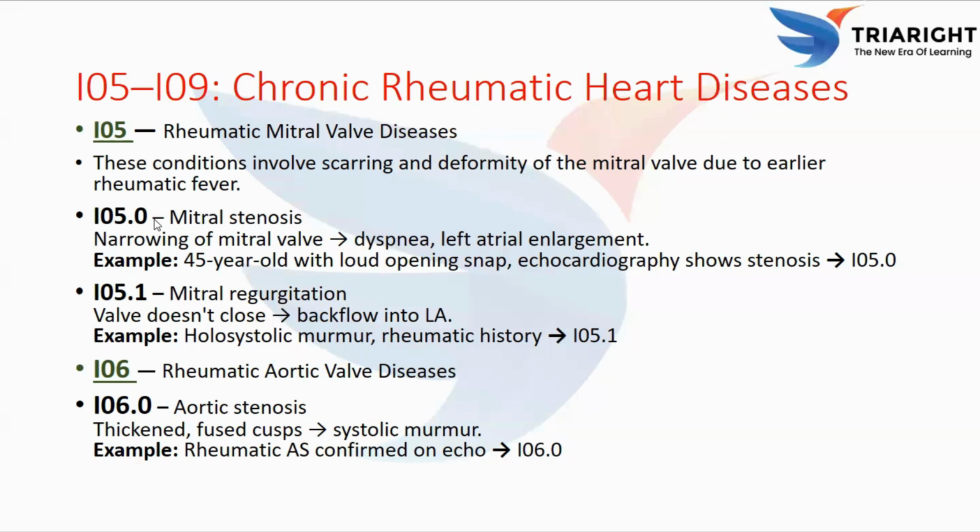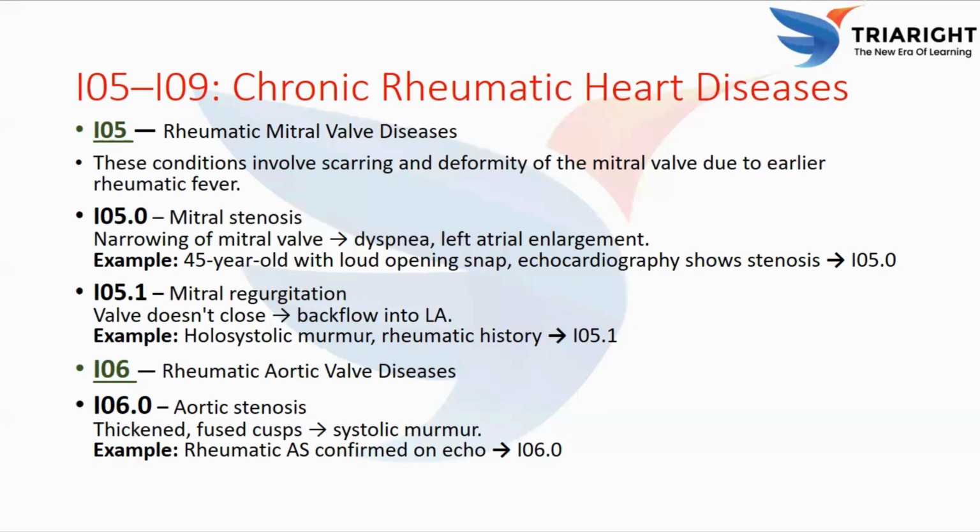Coming to I06 code, it describes the rheumatic aortic valve diseases. I05 mitral valve, I06 aortic valve. So what do you mean? It affects the aortic valve usually due to the leaflet thickening, fusion or deformity from chronic rheumatic inflammation. Aortic stenosis means a narrowing of the aortic valve due to thickened or fused cusps.